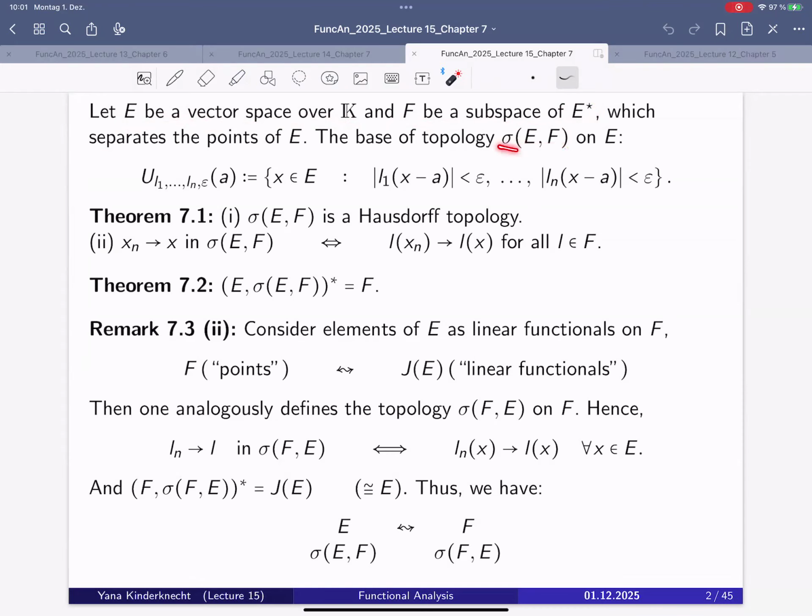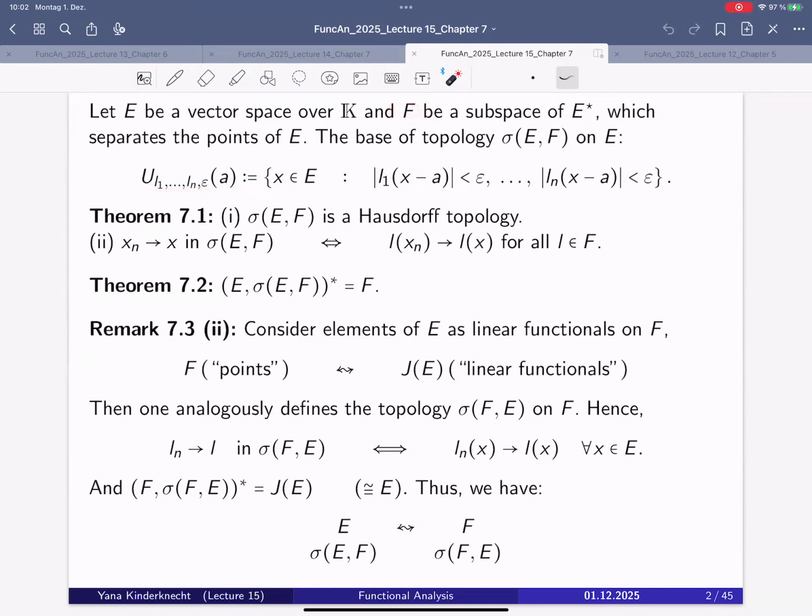It is a topology on this space E, and it is given by linear functionals from this subspace of algebraic dual F. So the basic neighborhoods of points have this form in this topology. For arbitrary point A, arbitrary positive epsilon, and arbitrary finitely many linear functionals from F, we have this formula.